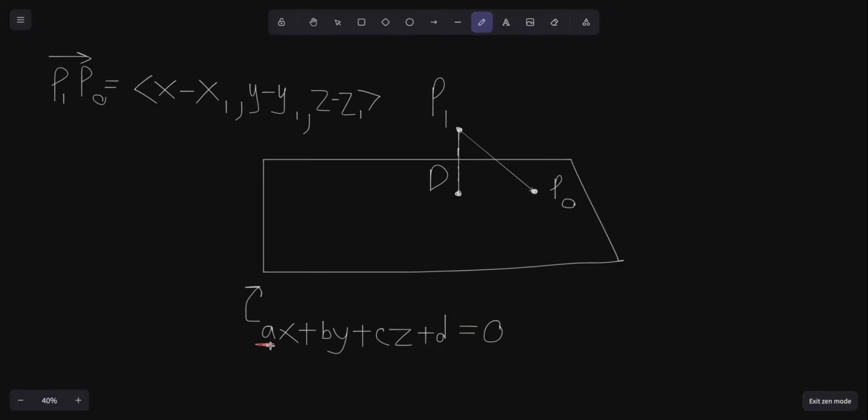Recall that the normal vector is composed of a, comma, b, comma, c. Those are its components. Because the definition of a plane, or at least one of its definitions, is that it has a normal vector, and that defines the orientation of the plane, and you also have another point on the plane that determines where the plane is. All right? So we're going to use this definition to help us out.